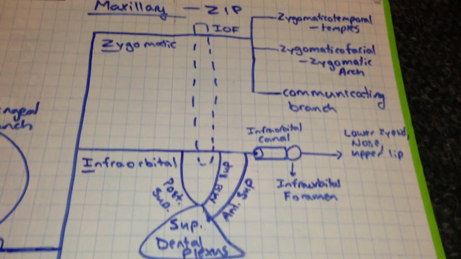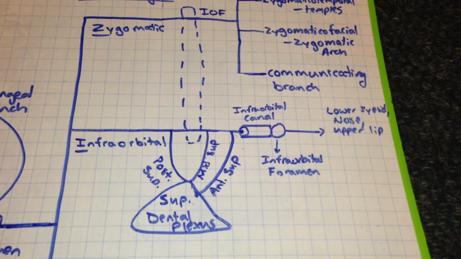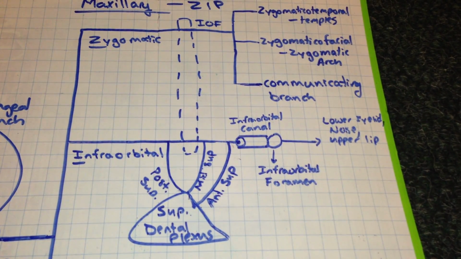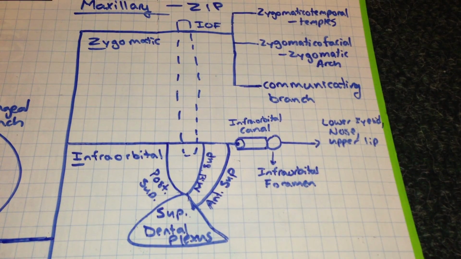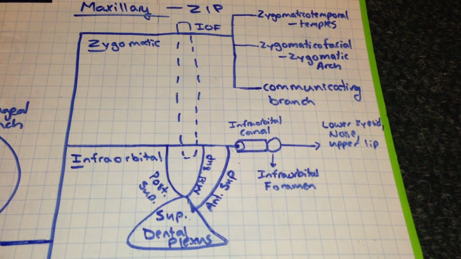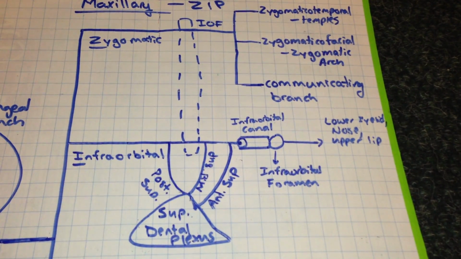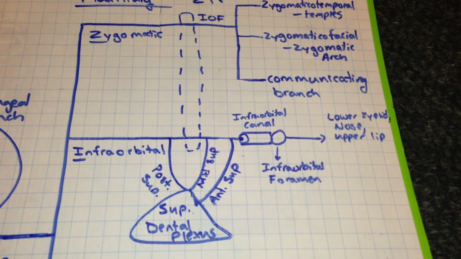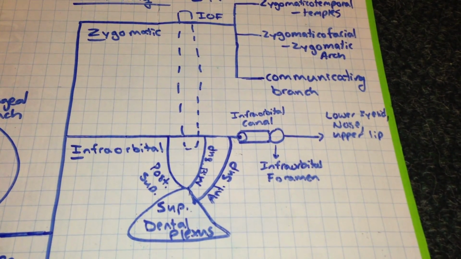Now we're going to talk about the infraorbital. The infraorbital passes through the inferior orbital fissure. However, first it's going to give off a posterior superior alveolar branch, okay, which is going to innervate the molars.